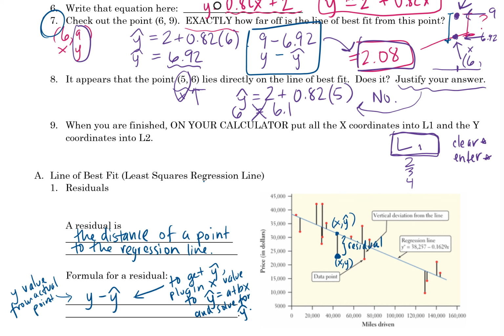And I would find the residual always by doing the actual y value minus y hat. So if you notice, if I do the actual y value for this point minus y hat, you're going to have a lower number subtracting a larger number. So in this case, your residual would be negative. Versus up here, this guy's residual would be positive.